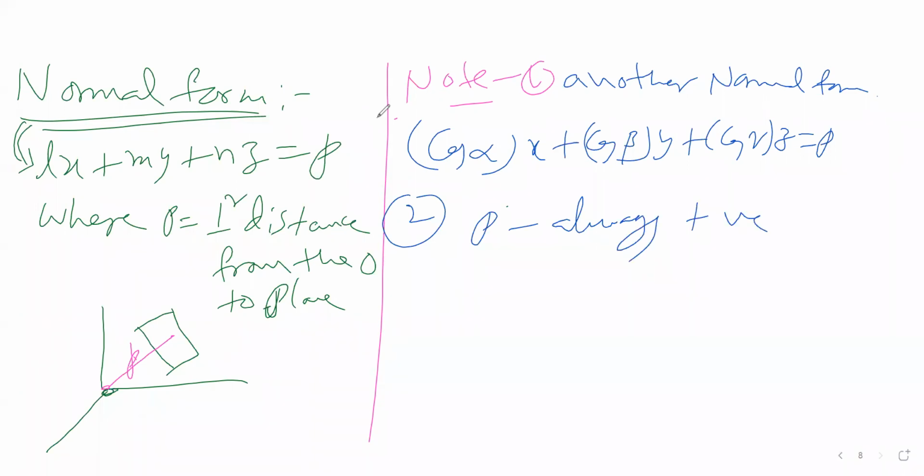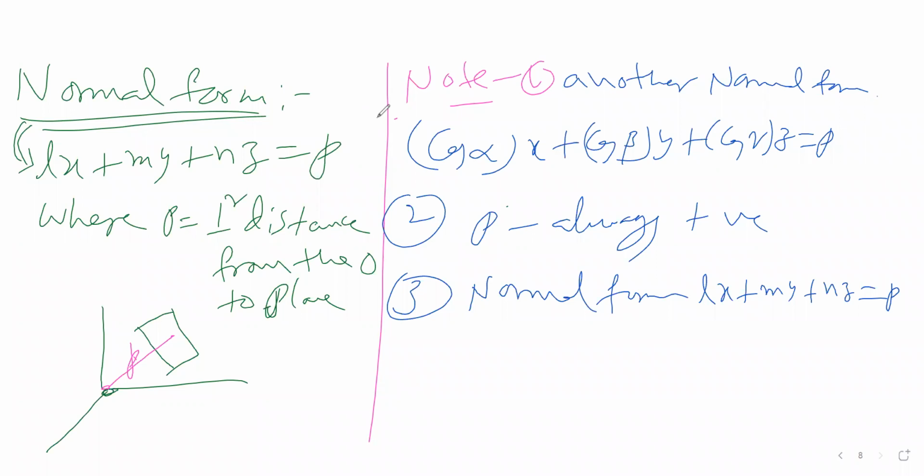So whenever we have a normal form, what is the normal form for the plane equation? The normal form for the plane equation is lx plus my plus nz equals p.